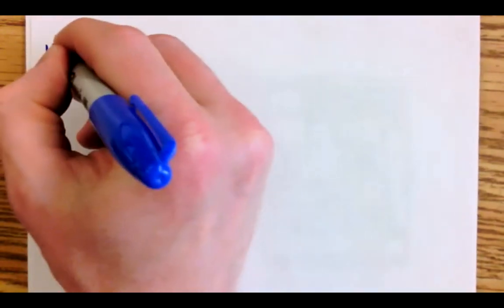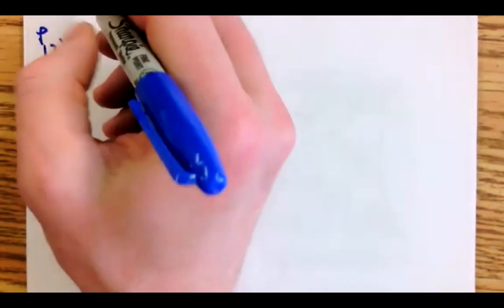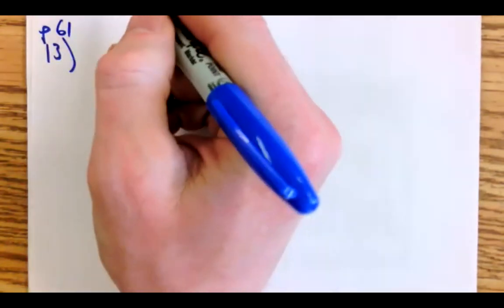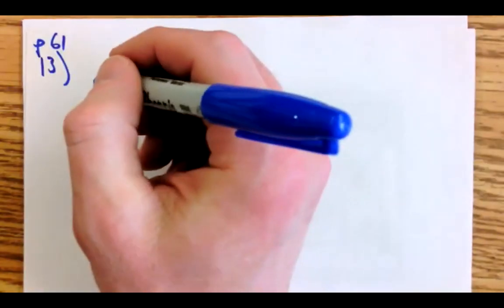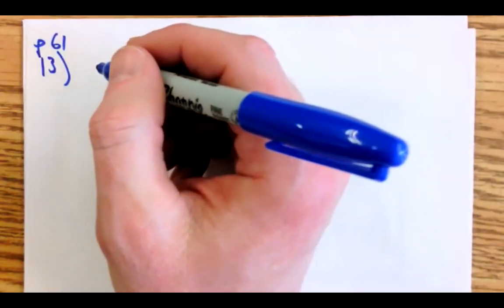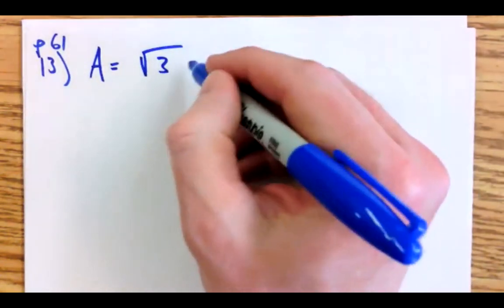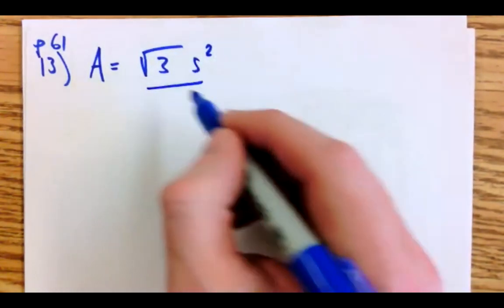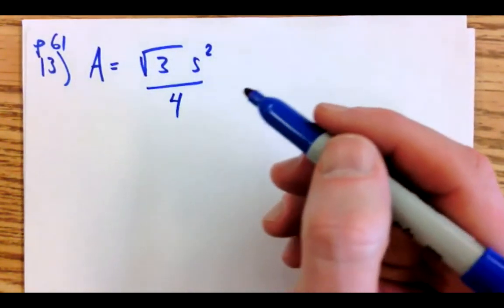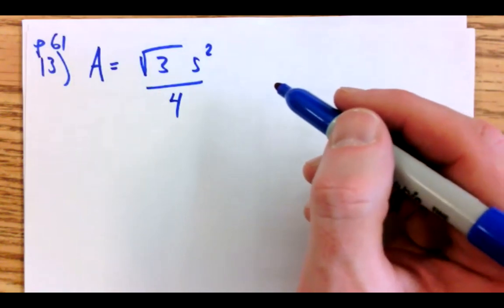So 13 on page, it's 1 to 15 starting on page 58. So here's 13. It says the area of an equilateral triangle is given by a formula. So A equals the root of 3 times s squared all over 4. Yeah, that's weird. I've never seen that formula before. Where s is the length of each side.